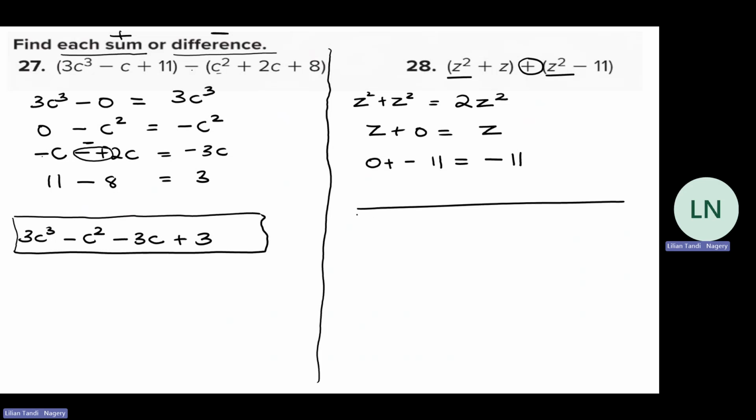Then I write my answer in standard notation, and standard notation says the first term must be the term with the largest exponent. So 2z squared plus z minus 11. That's my answer.